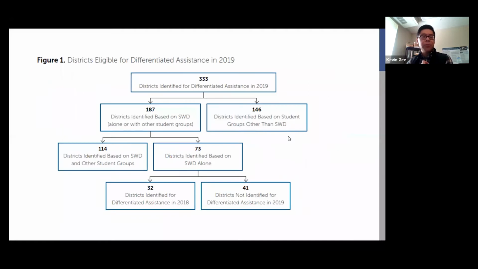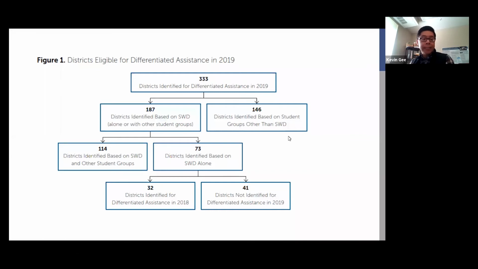So let's turn to how students with disabilities are factoring into this differentiated assistance system. We have a little over 1,000 districts. About a third of those, around 333, qualified for differentiated assistance using the system that I just told you about in 2019. 187 of those 333, so about half, were identified based on the performance levels of their students with disabilities, either alone or with other student groups.